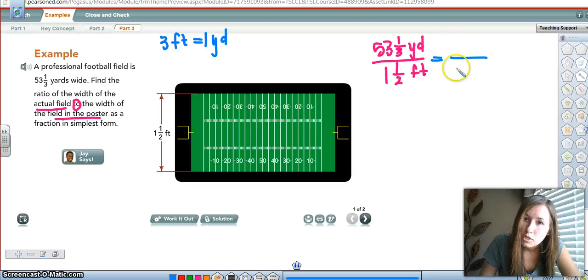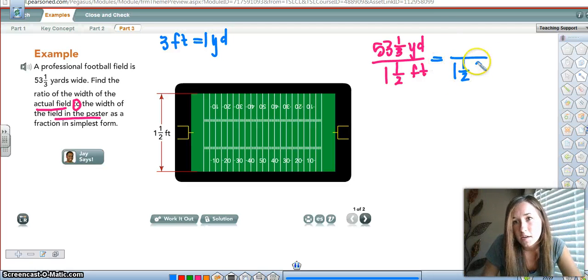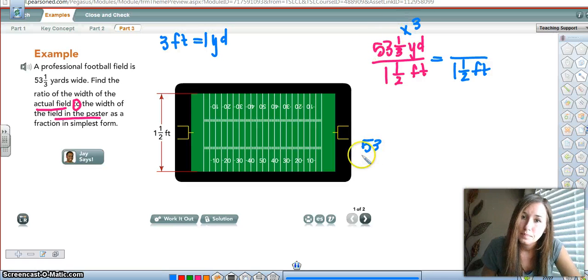Now, the poster's measurement is already in feet, but the measurement of the actual football field is in yards. So since you get 3 feet for every yard, you would want to take this times 3. Now you have a mixed number here. You might want to think about it in parts. Let's just do 53 times 3. That would be 159.